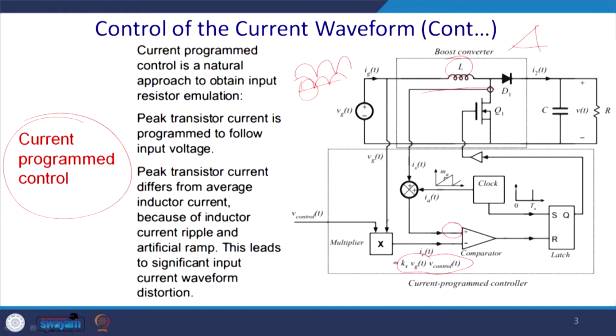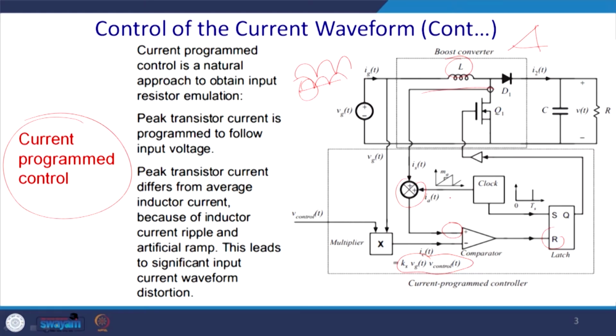The moment the current value goes above this within the clock period, it will reset, otherwise the clock will drive the MOSFET or the IGBT depending on the rating of the device, and it will be a current control mode. So, you are controlling the ramp, and once it crosses the limit you will turn off the switch.